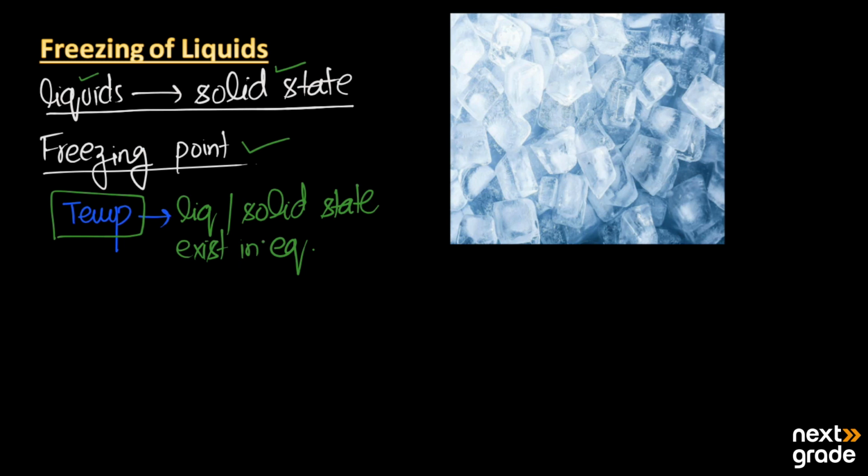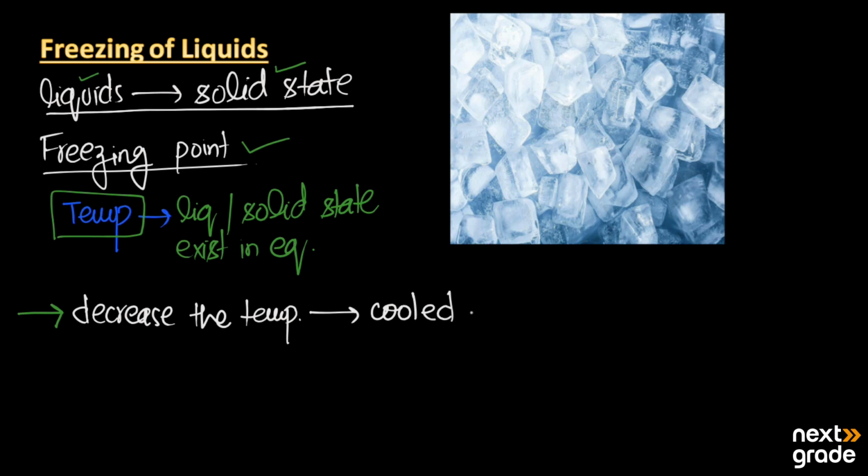Why does the liquid start to freeze? For example, when we decrease the temperature, the liquid starts to cool down. When it cools, the kinetic energy of the molecules of the liquid decreases. When the kinetic energy decreases, the vapor pressure of the liquid also decreases.